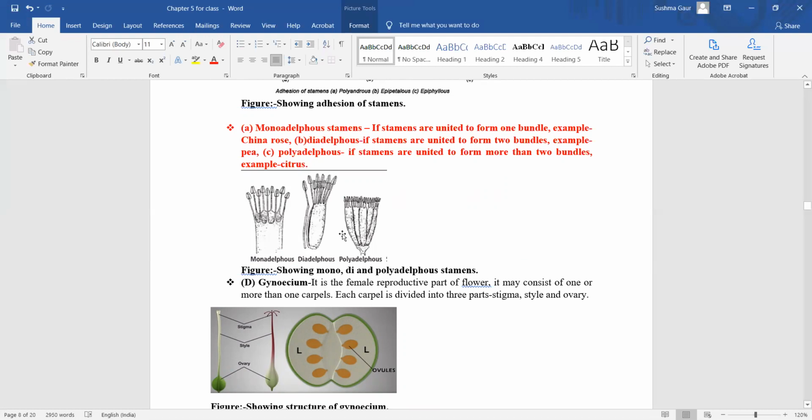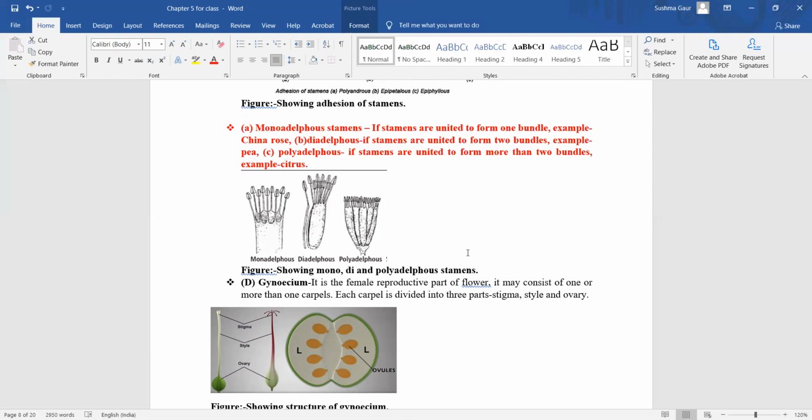Okay, and polyadelphous means when the stamens are united to form more than two bundles. Means when there is a difference in the size, they will not be very big or very small, but a middle one will also be present, not very long, not very small. If many stamens are forming more than two bundles, then they represent polyadelphous.